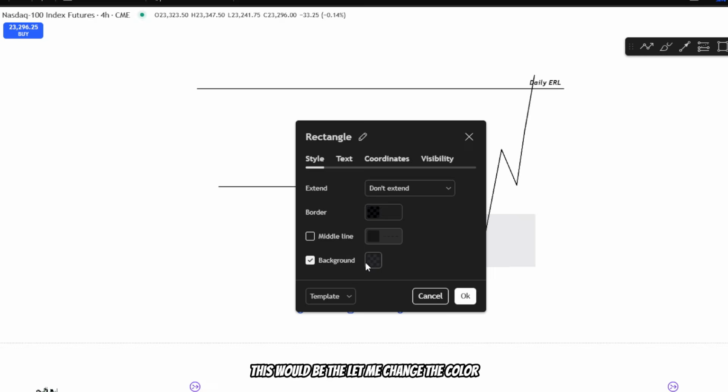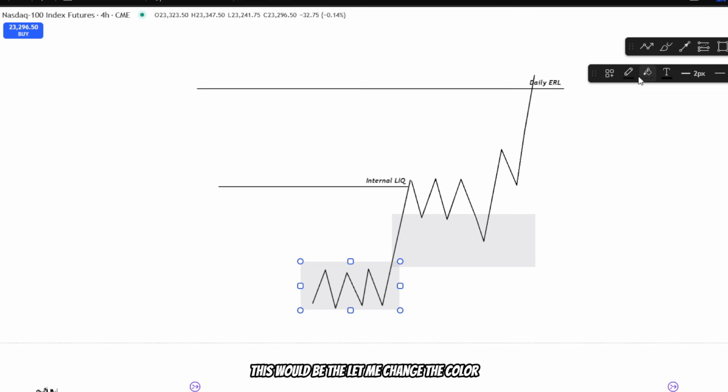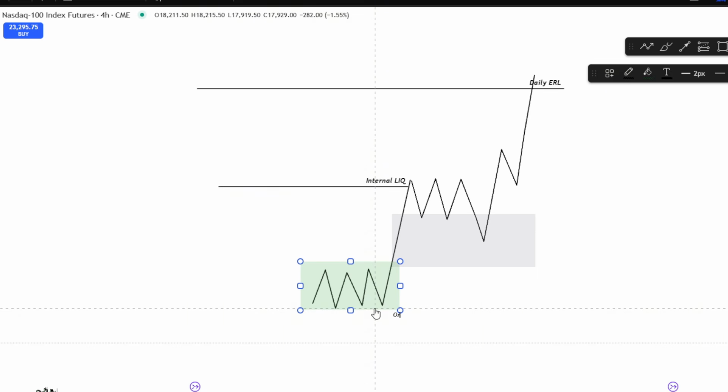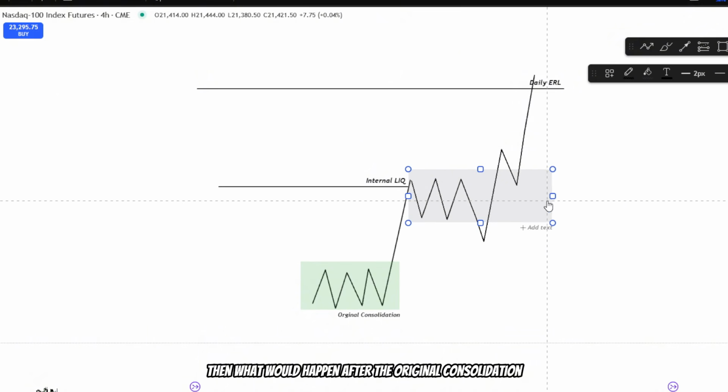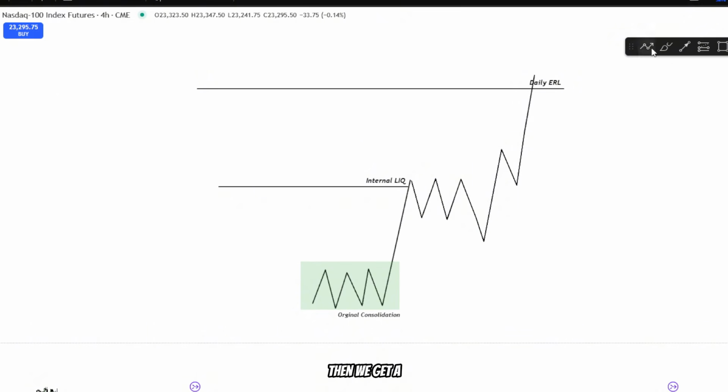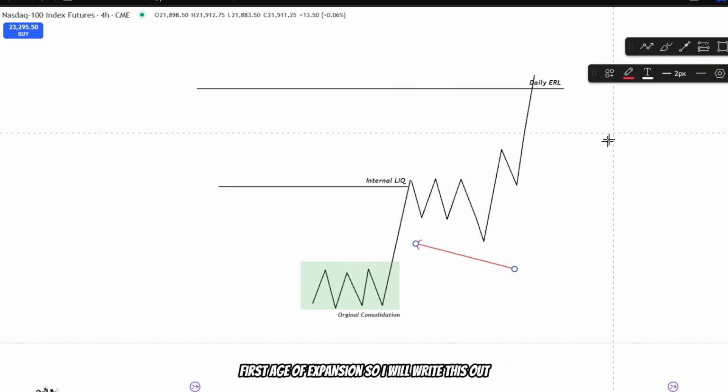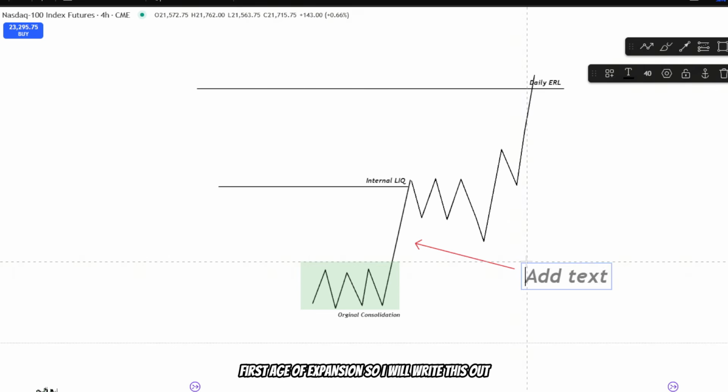Let me change the color. This would be the original consolidation, right? Then what would happen after the original consolidation? Then we get a first stage of expansion. So I will write this out.